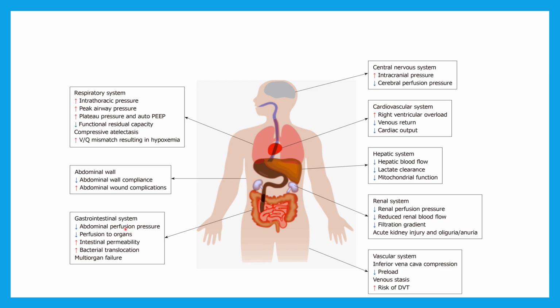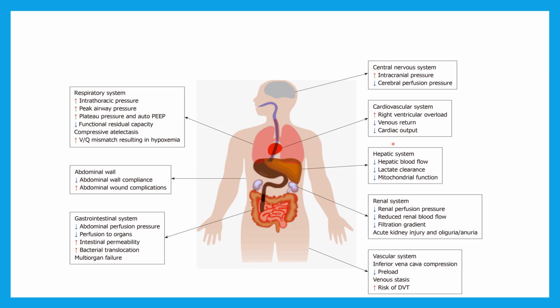The same as the gastrointestinal system, we'll have decreased renal perfusion pressure due to increased intra-abdominal pressure, and we'll also have renal vein stasis due to the compression of the inferior vena cava, with a decreased filtration gradient, and so low urine output, oliguria or anuria. The same for the hepatic system: decreased flow, decreased lactate clearance, and decreased mitochondrial function.